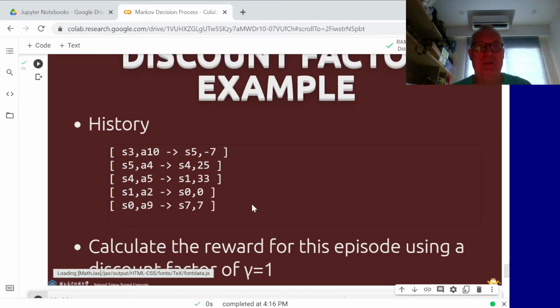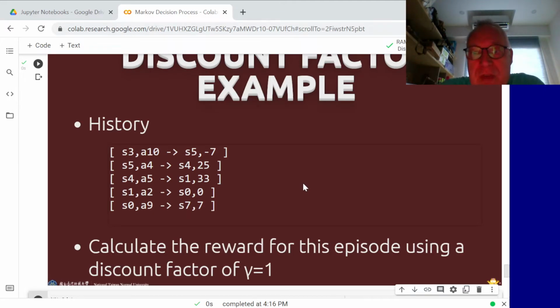So now for this sample, calculate the reward for this episode. It's not an expected reward at this point because it's a single one, right?